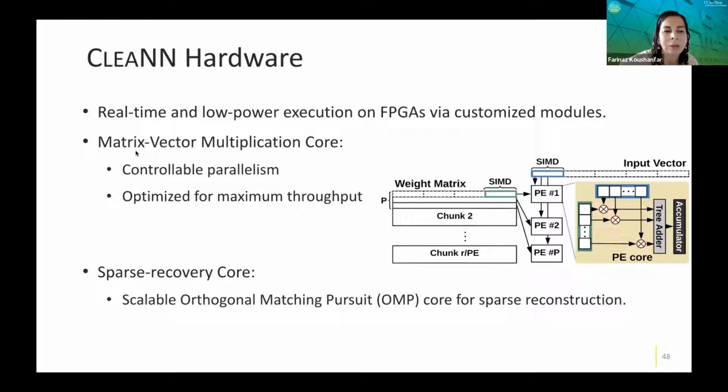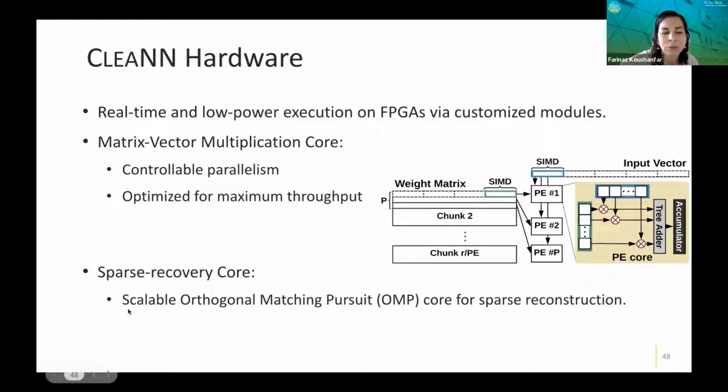We have this matrix multiplication, vector multiplication core, which has a controllable parallelism and is optimized for maximizing throughput. And this is basically used for the dictionary learning and the sparse recovery.